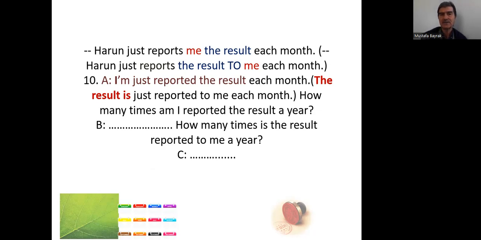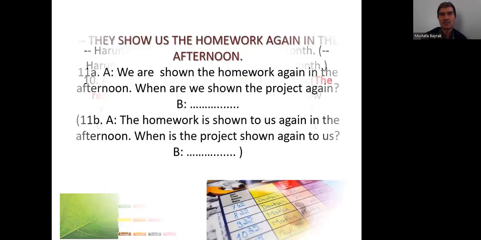How many times is the result reported to me a year? The result is reported to you 12 times a year by Harun. Okay, because there are 12 months in a year.